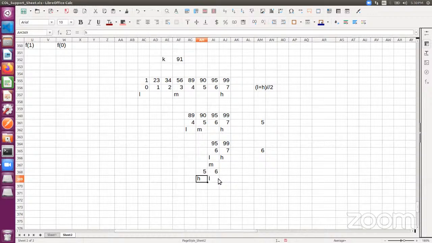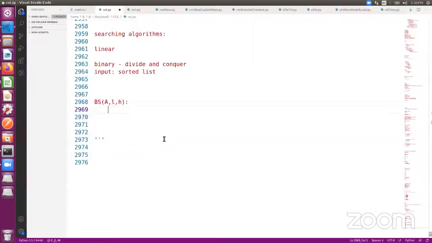So this is going to be our condition. If H is less than L, you can return none, or if you want, you can return a negative index also. Since in Python we have the none option, we can return none.